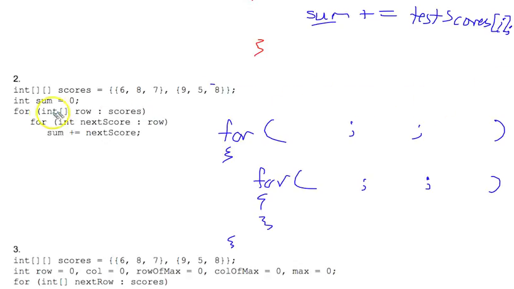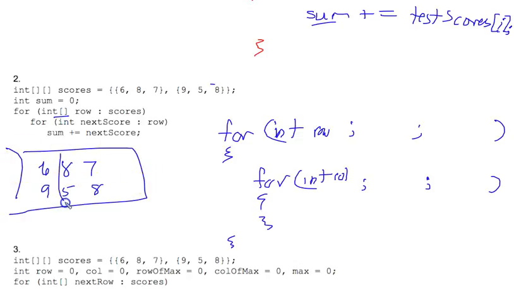So here goes. We don't use the variable row over here. That would kind of be awkward, at least not in the same way that we're using it as an array of ints. So over here, it's quite traditional in my classroom to actually use the variable name row here and col, short for column, here. Because if you think of this the way a human would, you've really got a two-dimensional array that looks like a matrix, what math teachers call a matrix, with rows and columns and all that.